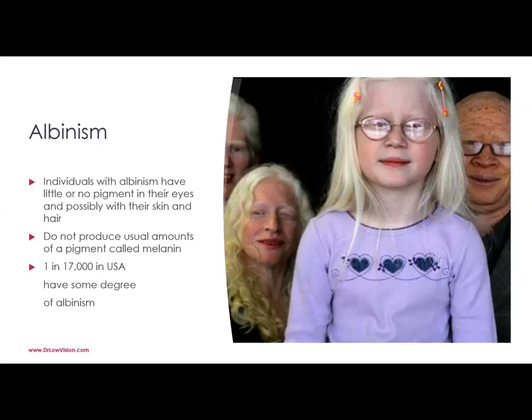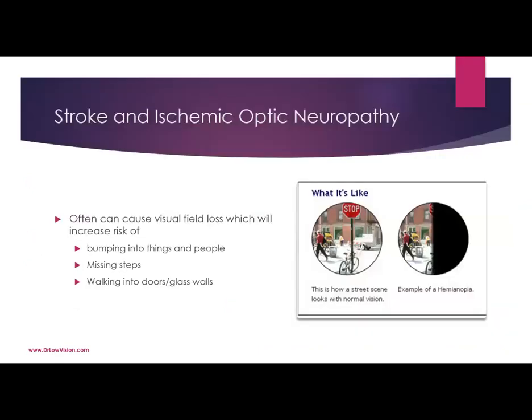These are the individuals that when they come from outside, they're usually wearing their sunglasses, and when they come inside, it takes their eyes quite a while to adapt. So if they're at the front door and their shoes have not been put away, they can easily trip and fall. Or if they're coming into a new building that they've never navigated through, they might not see that there's a step. They may not see that the ground is sloping. So mobility is a big issue for these individuals, and using a white cane is often encouraged as well.